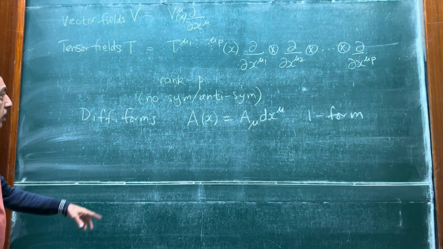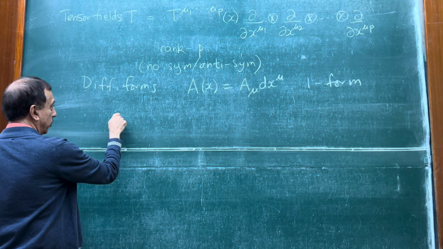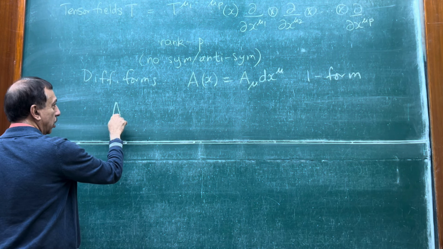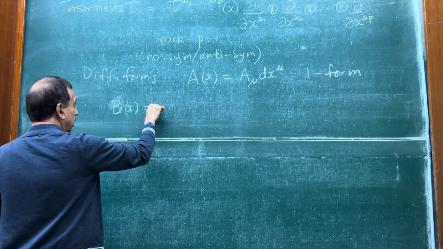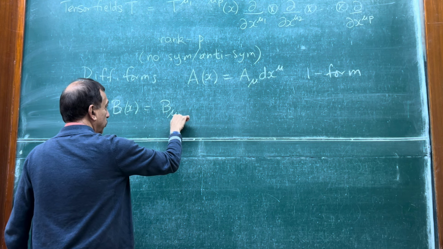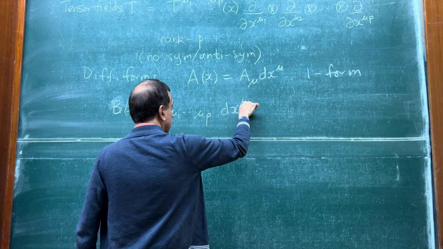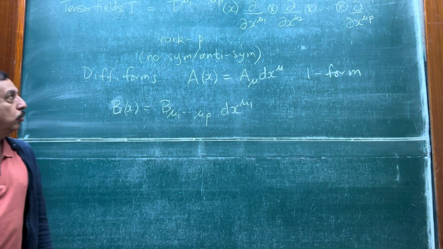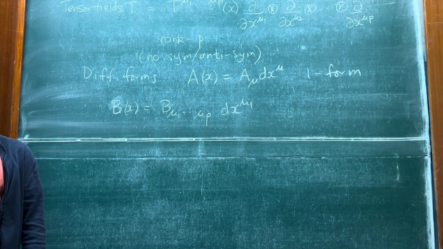And you can likewise have differential forms with many indices. So I can have a differential form that is, I don't know, p of x with components μ1 up to μp, and lots of dx's. Now again, you could in principle tensor them like this, but those would not be called differential forms.